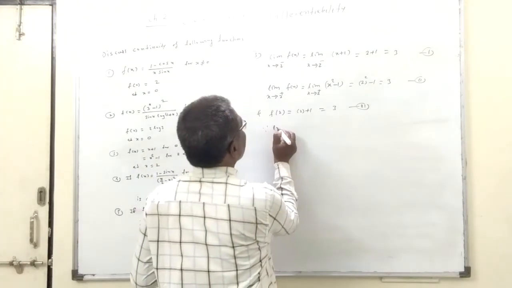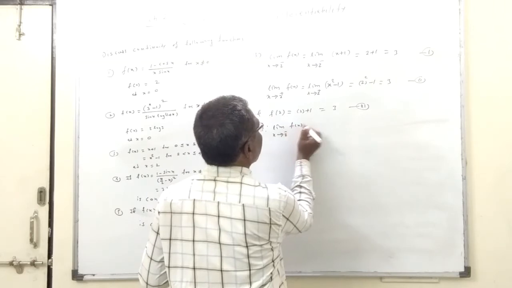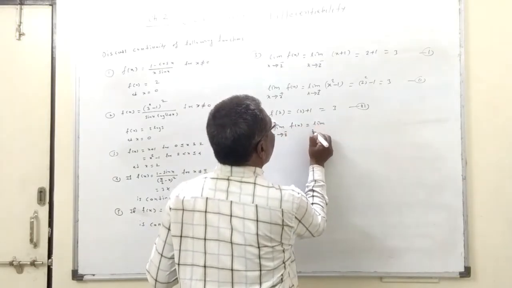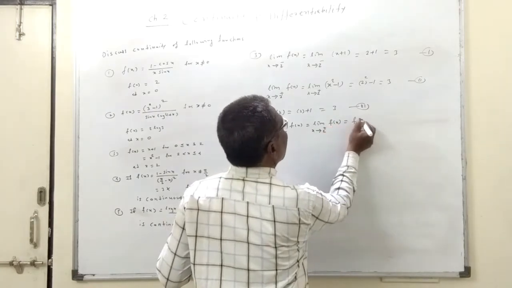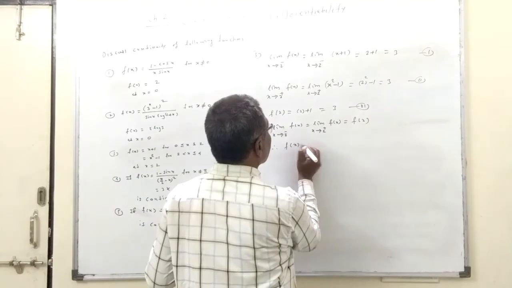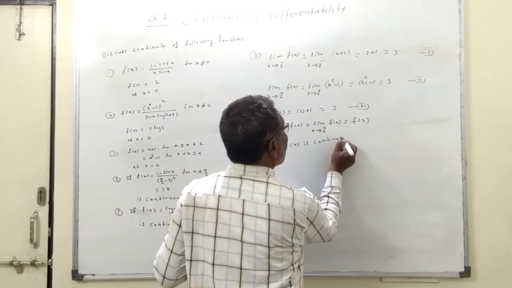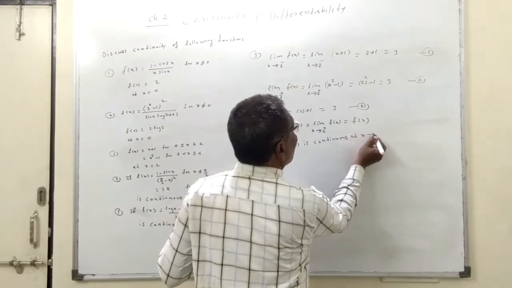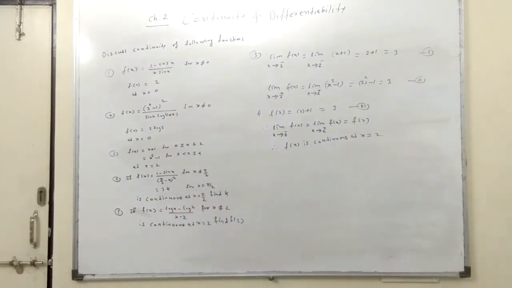So since limit x tends to 2 minus f of x is equal to limit x tends to 2 plus f of x is equal to f of 2, therefore f of x is continuous at x is equal to 2. So function is continuous at x is equal to 2.